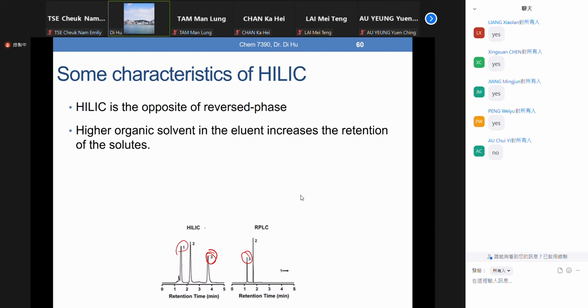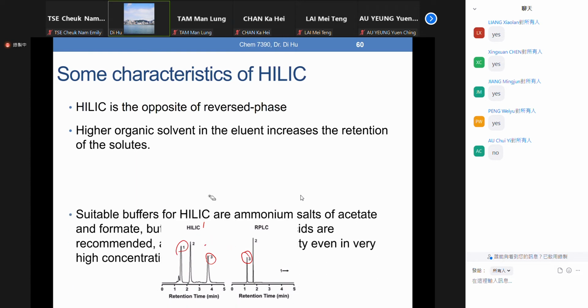Obviously, if we have 60% water and 40% ACN, this definitely has a stronger elution power than one containing 90% ACN and 10% water, right? So it's a different scenario. That's why I talk about that one. I hope you understand.